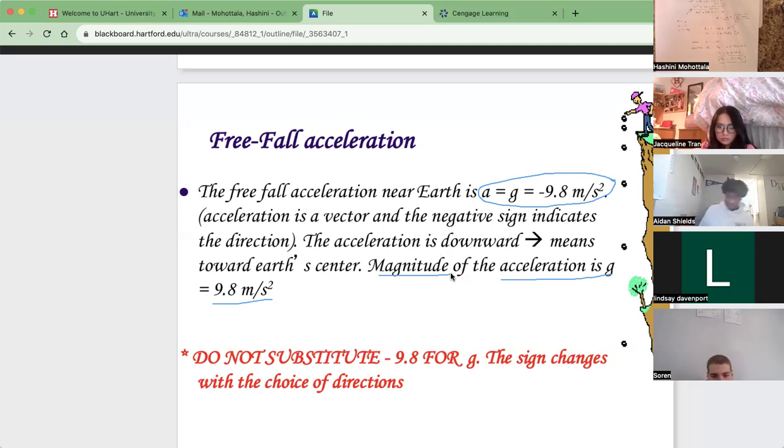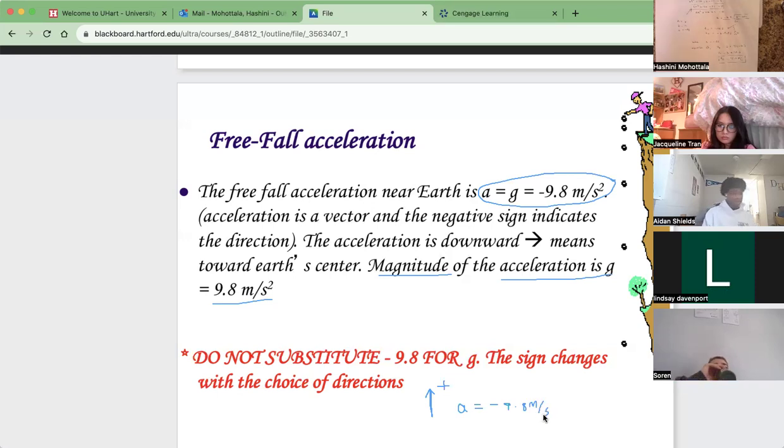Now, this is a place where many students who have taken physics before make mistakes. Acceleration is a vector. If you take up as your positive direction, please pay attention, guys, with respect to that direction, the gravitational acceleration is negative 9.8 meters per second squared.